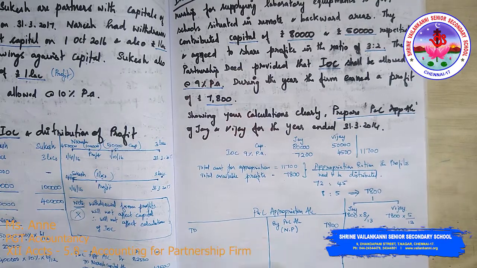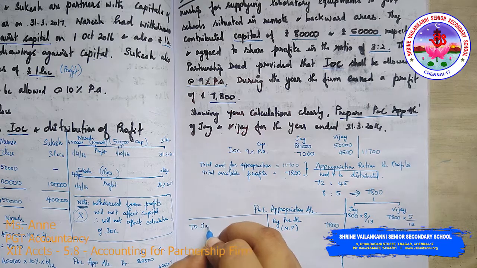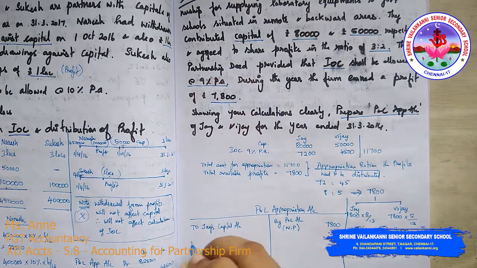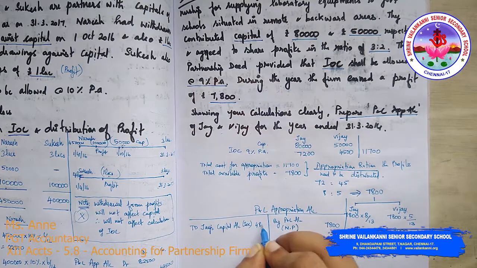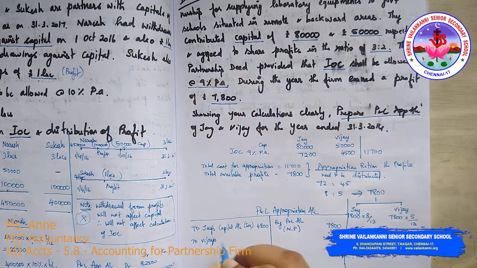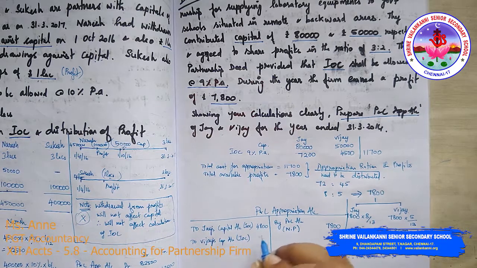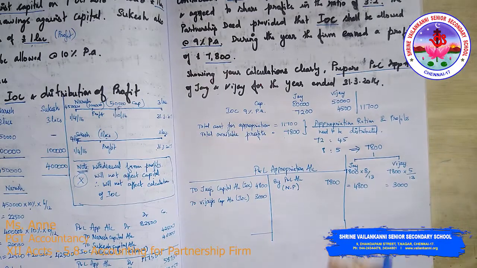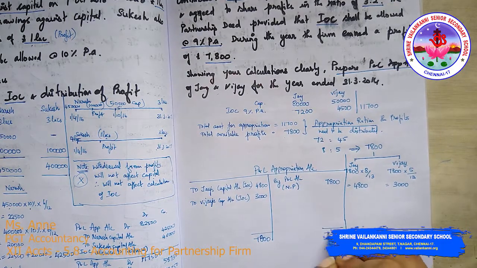To what you have to write? To J's capital account, that is the interest on capital, how much? 4,800. To Vijay's capital account, that is also interest on capital, that is 3,000. So we are done with this. 7,800.